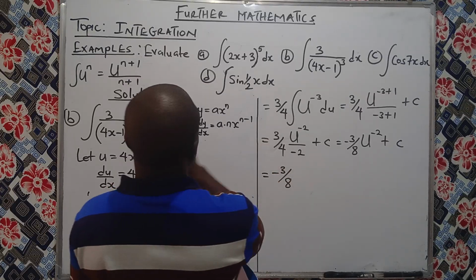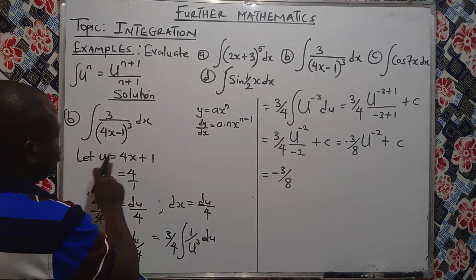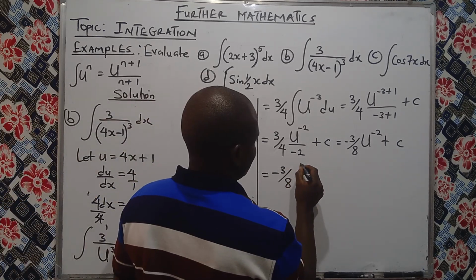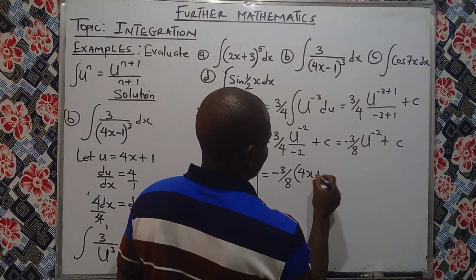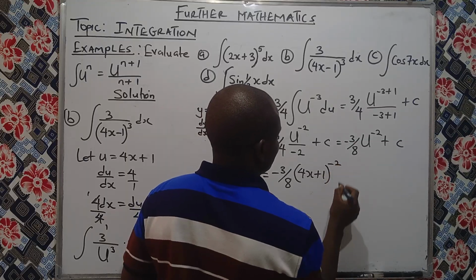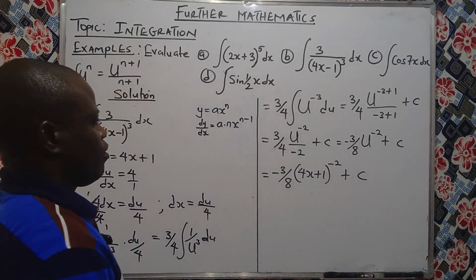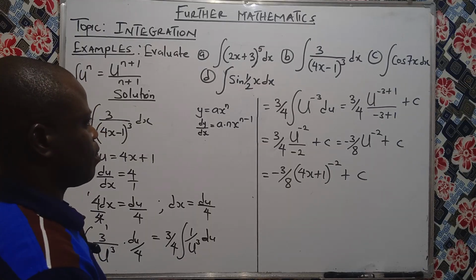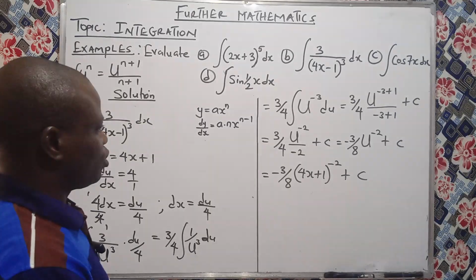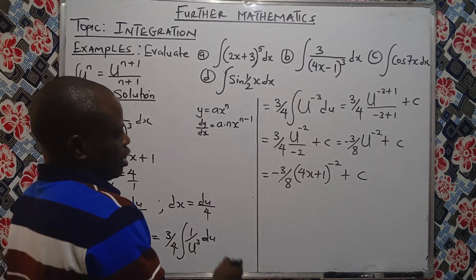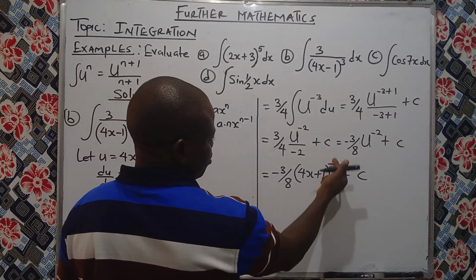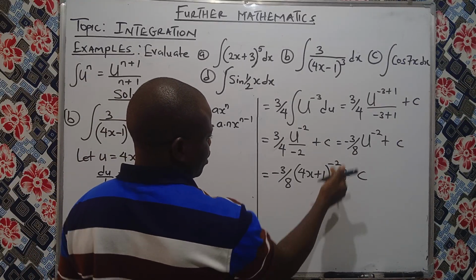Now, what's our u? Go back to what you called u. u equals 4x plus 1. So it's minus 3 over 8 (4x plus 1) raised to power minus 2 plus c. Okay, is that well understood? Now you can still bring this power down.